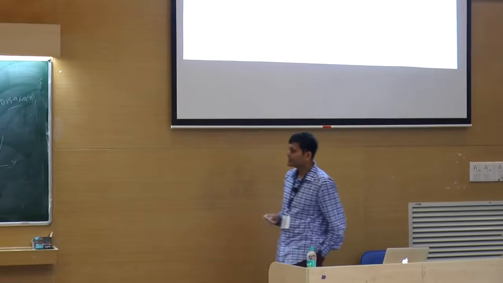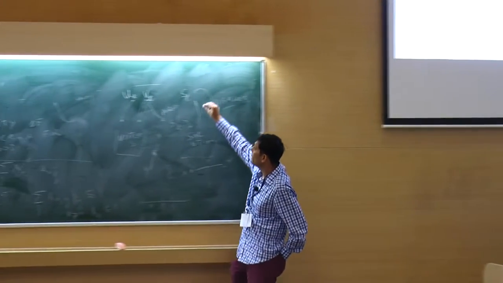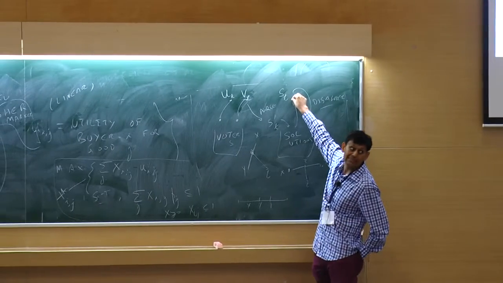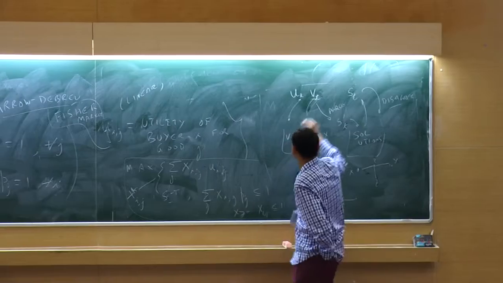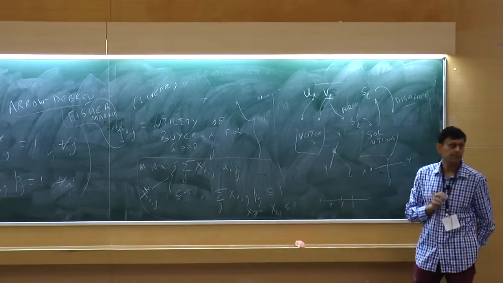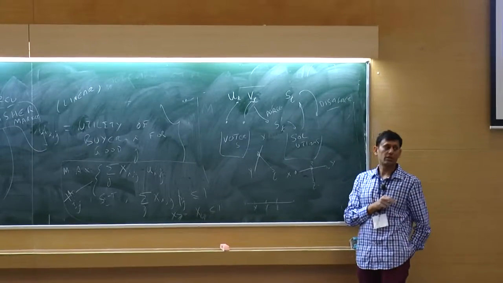So in a median space, if we are given agents ut and vt, and the solution is st, then the alternative that they choose is going to be the median of these three alternatives, which is basically defined as the intersection of these shortest paths.